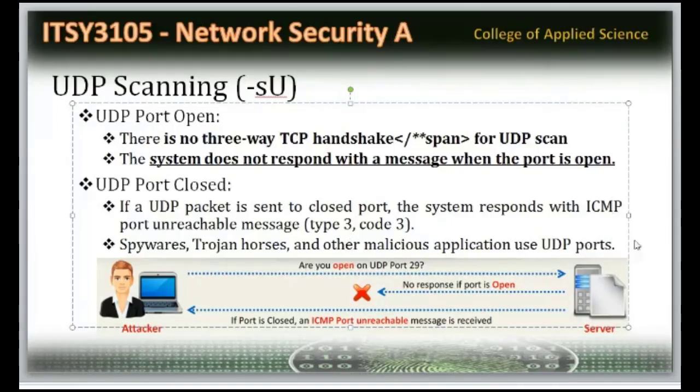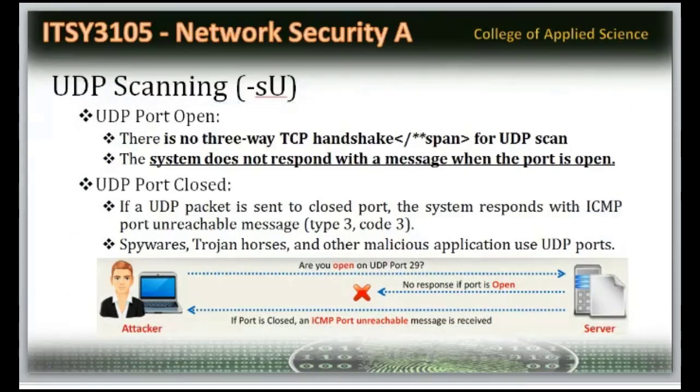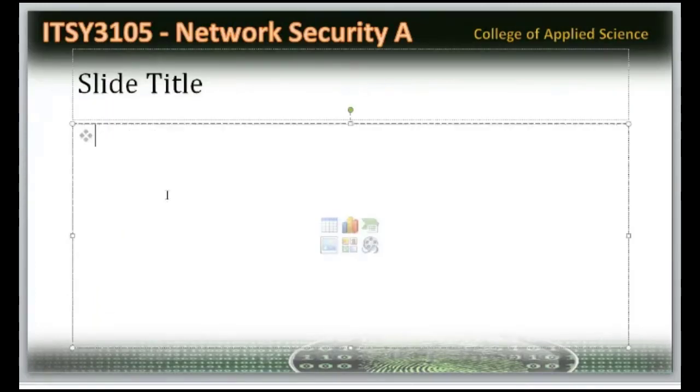Let me repeat. Wait, I'm just taking a new slide. I'm typing TCP. In TCP, what do you do? You are sending sync. Then you are getting the sync plus acknowledgement. Then you have to send the acknowledgement again.